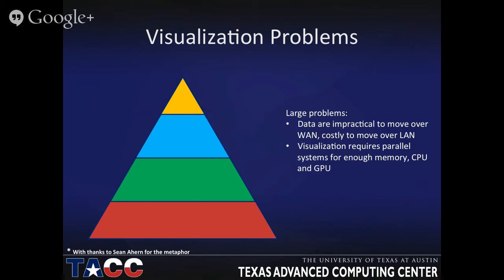Higher up the ladder, we start getting into data sets that you really can't move from site to site because they're on the order of many gigabytes or terabytes in size. You can move them, but it takes many minutes or hours to move the data set.